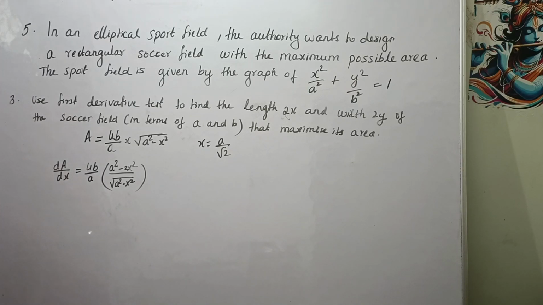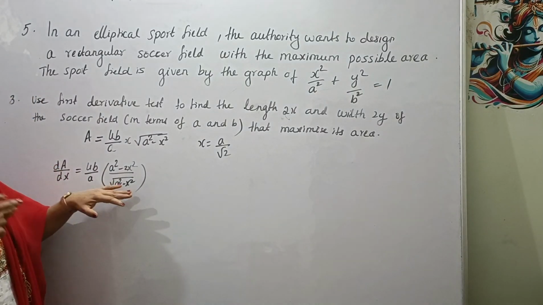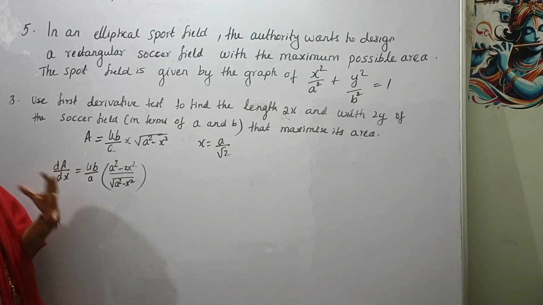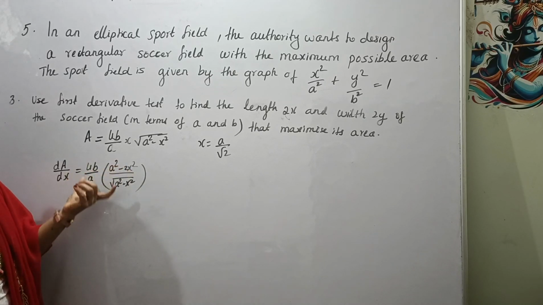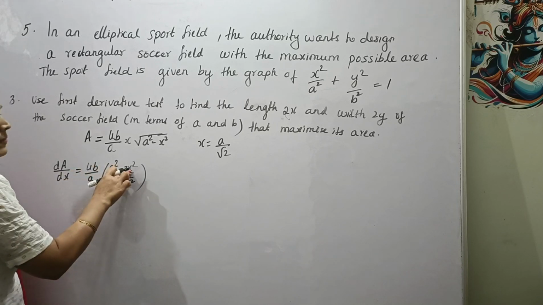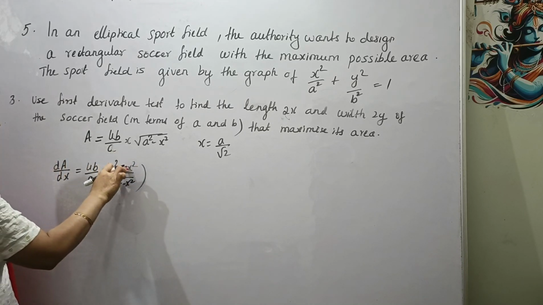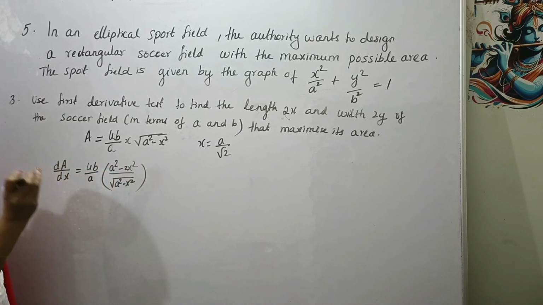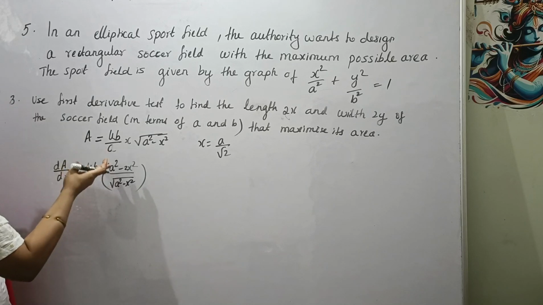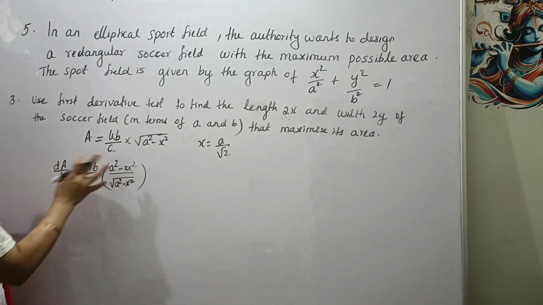It is the first derivative. We have got x is equal to a by root 2. When we substitute any value less than a by root 2 in this dA by dx, obviously it will be greater than 0. If we substitute x is equal to a by root 2, it will be 0, right?